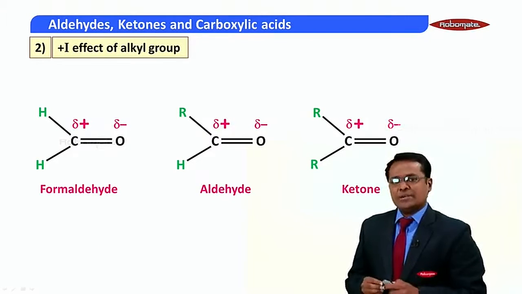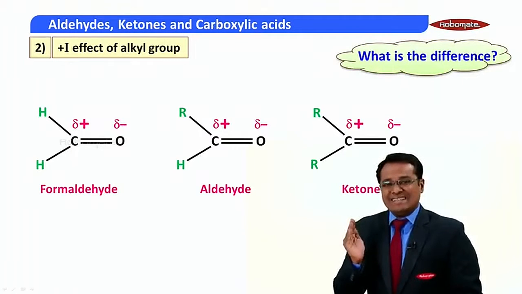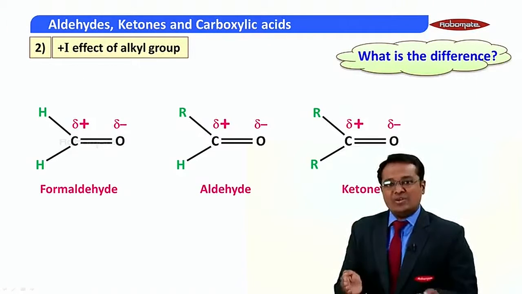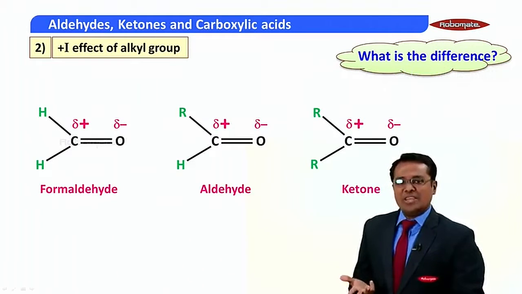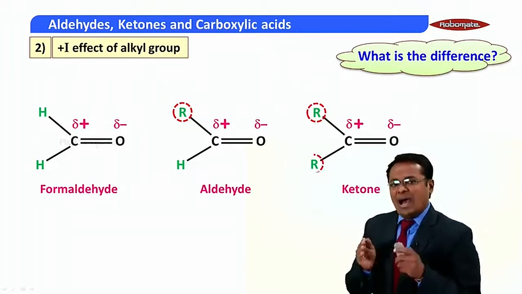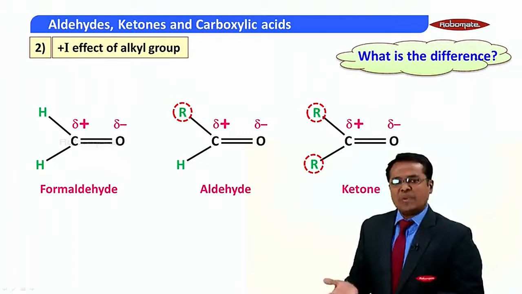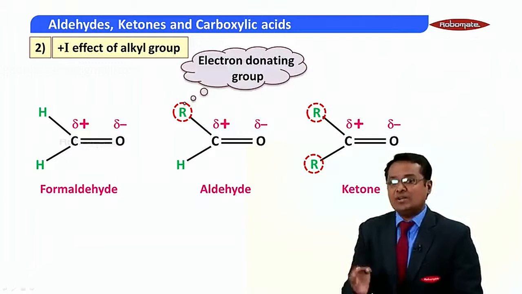Now students, if you see aldehydes and ketones, what is the difference you can see in all three compounds? Yes, it's the alkyl group. And what is so special about the alkyl group? Yes, the alkyl group is an electron donating group.